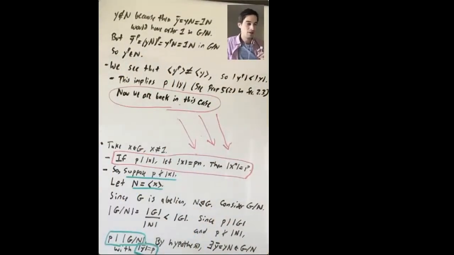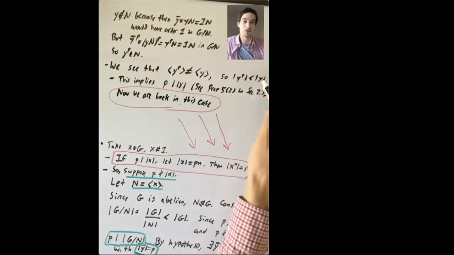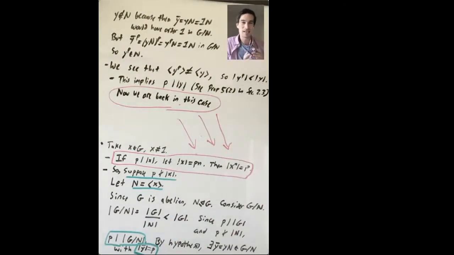What does that mean? The cyclic subgroup generated by y^p is contained in N. But the cyclic subgroup generated by y is not contained in N; it is actually bigger. So the order of y^p has to be less than the order of y. What does that tell you?